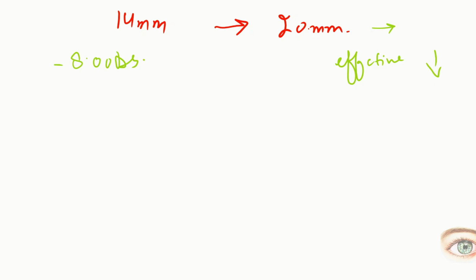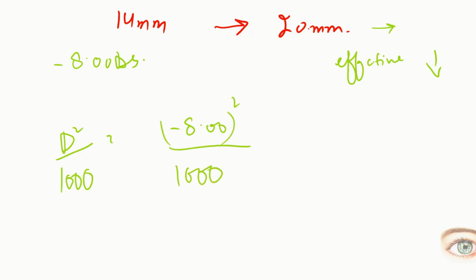Now, for that problem, there is a formula and that is d squared over 1,000. Now I'm going to take the square of this and divide it by 1,000. I will get 64 divided by 1,000, and that is 0.064, right?